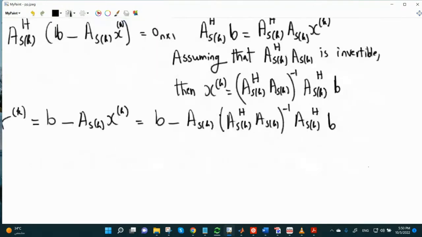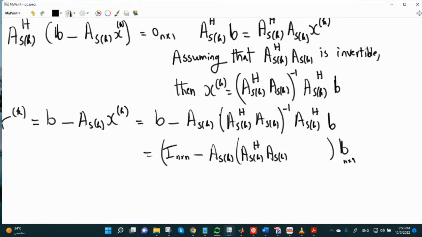We can write it as b, which is n by 1, and then here we have a matrix which is the identity n by n minus A sub S of k, A sub S of k Hermitian A sub S of k inverse, A sub S of k Hermitian.